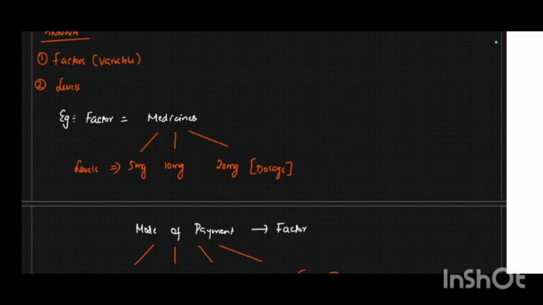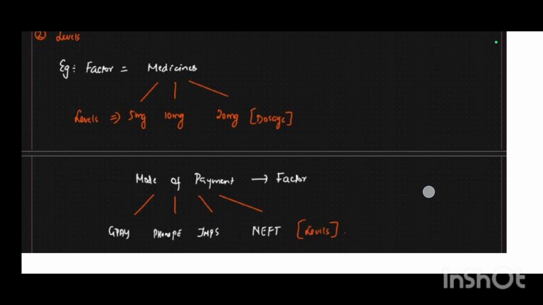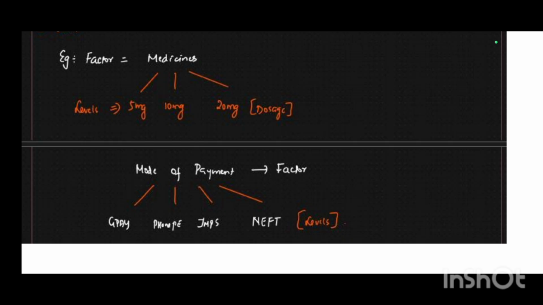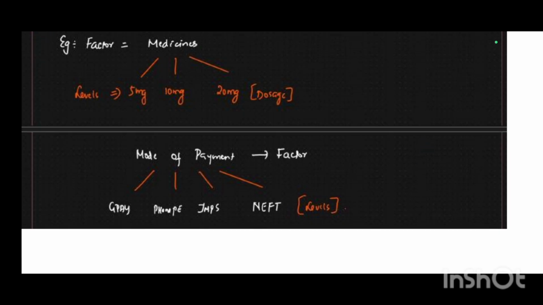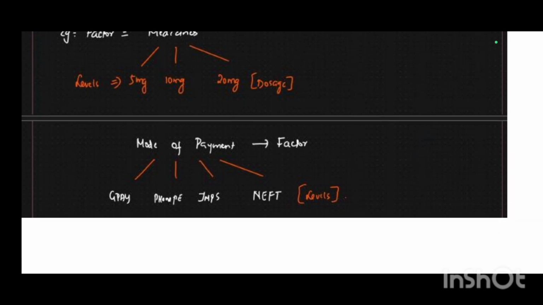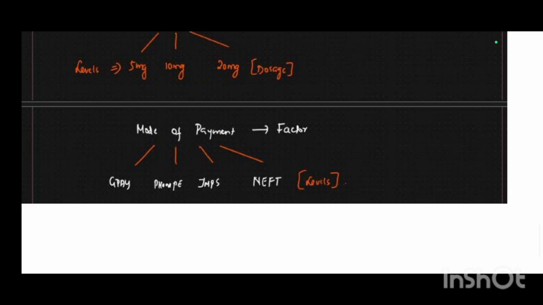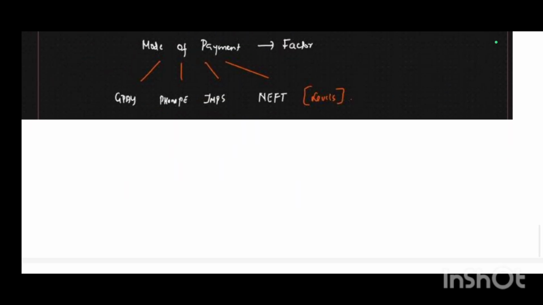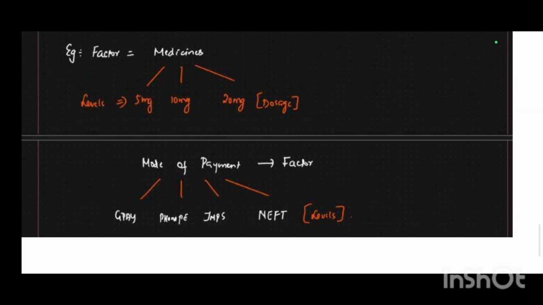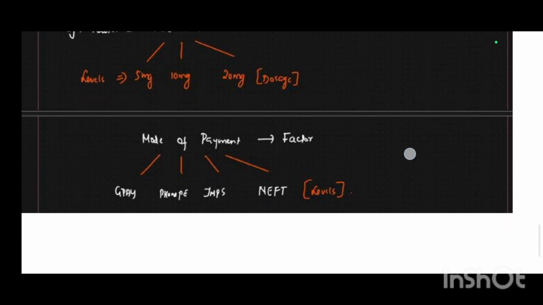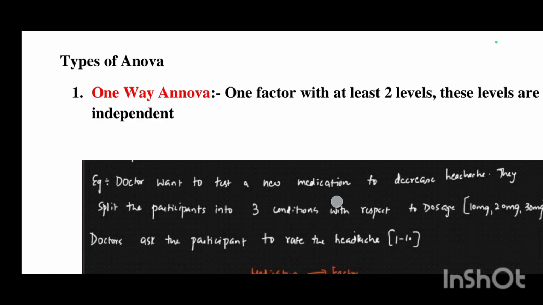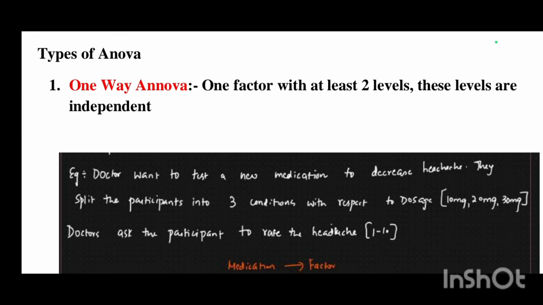Or the mode of payment factor: GPay, PhonePe, and also IMPS, NEFT. Do they differ, or do they give the same conclusion? We want to test that. Okay, so types of ANOVA.